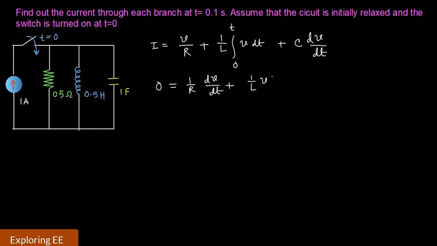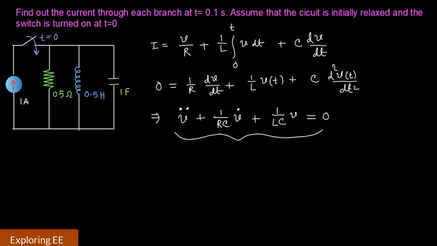plus 1 by L V(t) plus C times d2V(t)/dt2. So the differential equation becomes V double dot plus 1 by RC times V dot plus 1 by LC times V equal to 0. So the characteristic equation will be p square plus 1 upon RC times p plus 1 upon LC equal to 0.